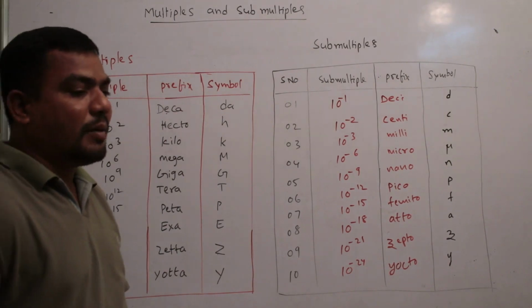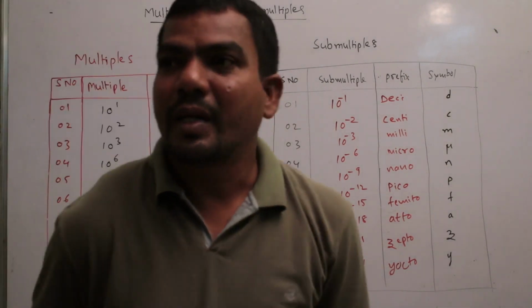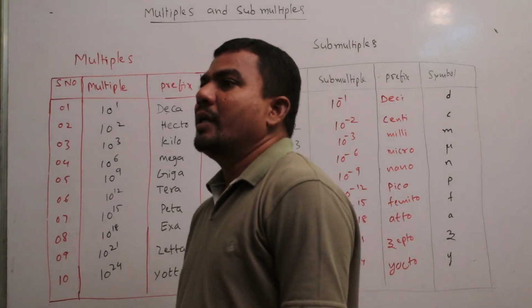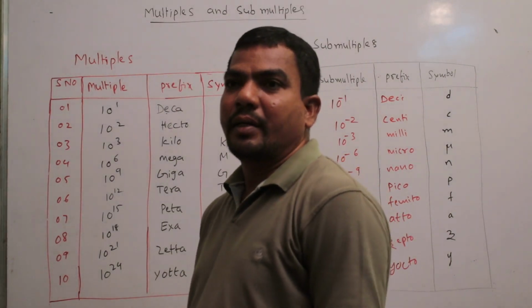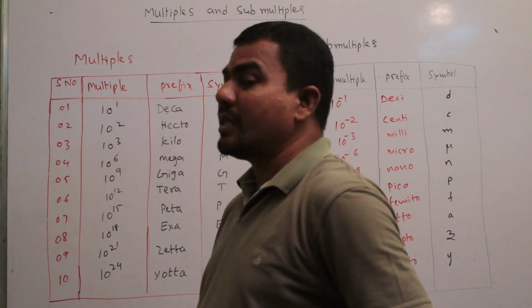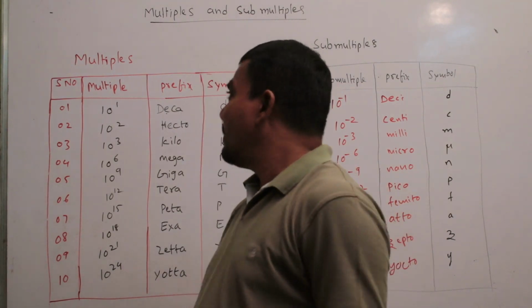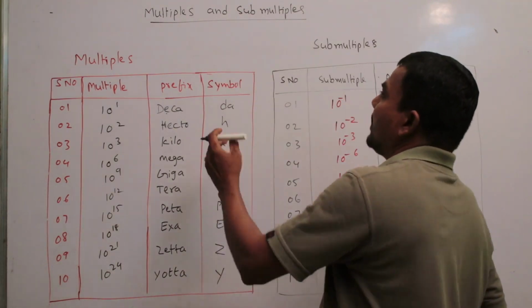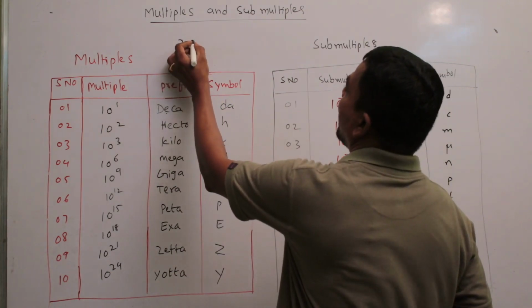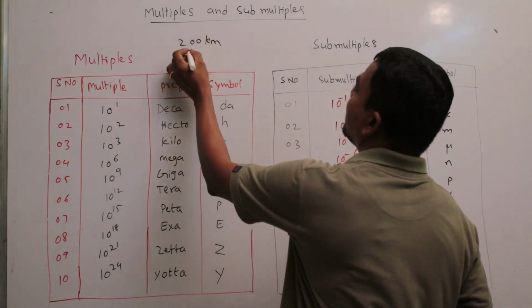For example, what is the distance between Delhi and Agra? You would say nearly 200 kilometers.